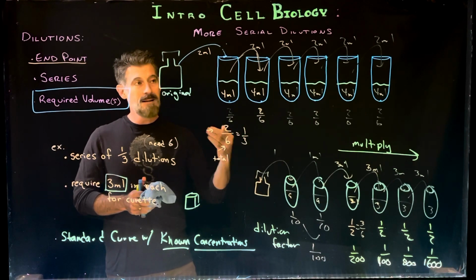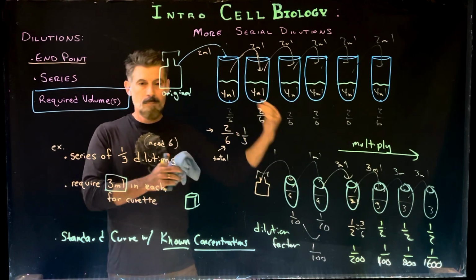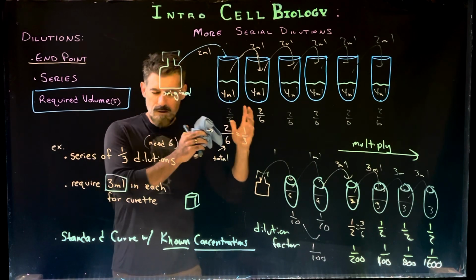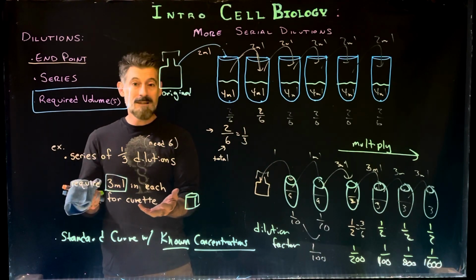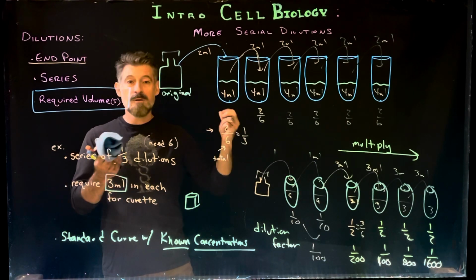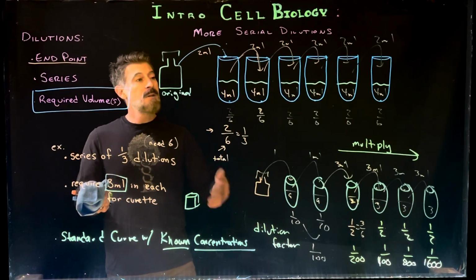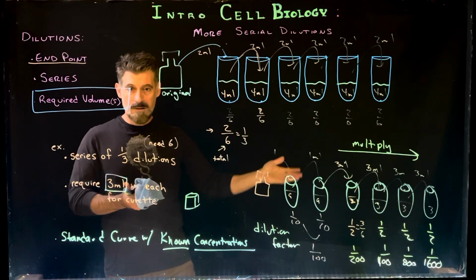The main thing is, as I said, to think about a couple of different things. Plan backwards. So what do you need in the end? You have to identify that. If the problem doesn't give you a specific volume to end up with, or a specific concentration to end up with, then you can use whatever volumes you want, as long as the math works out properly.